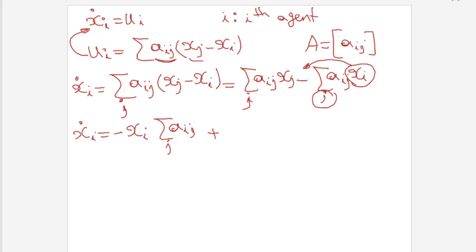the sum of aij multiplied by xj. What does it mean? It means ai1 x1 plus ai2 x2 plus up to ain xn. Let me change. What does it mean?